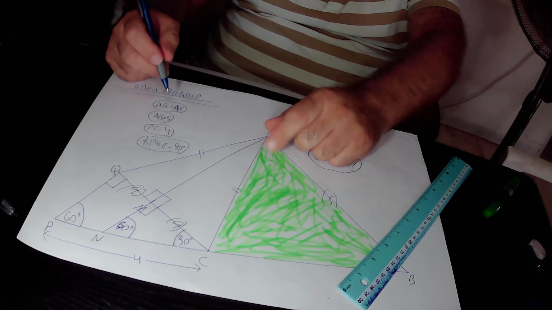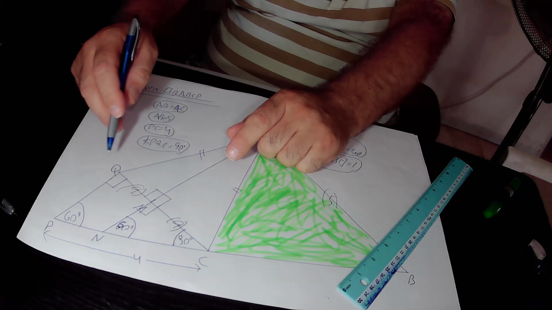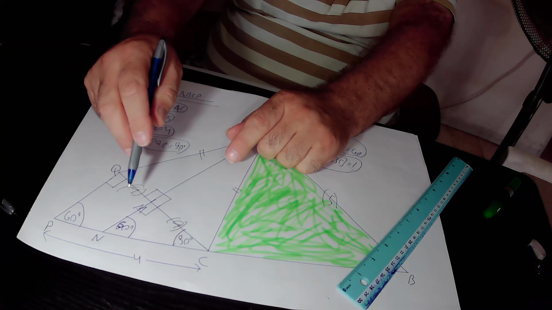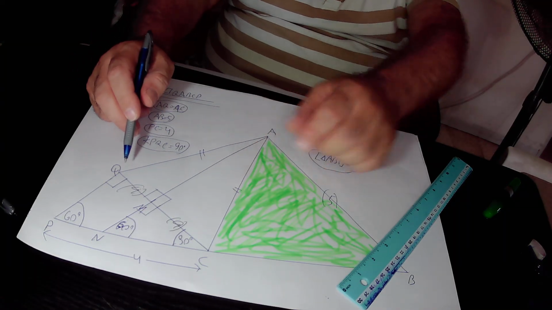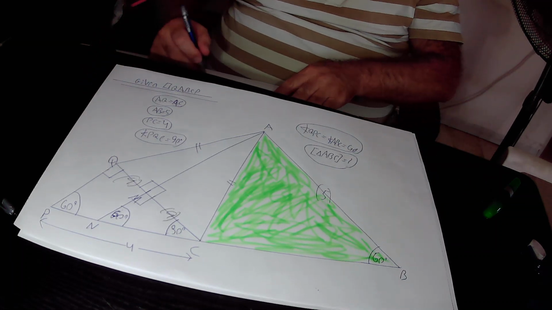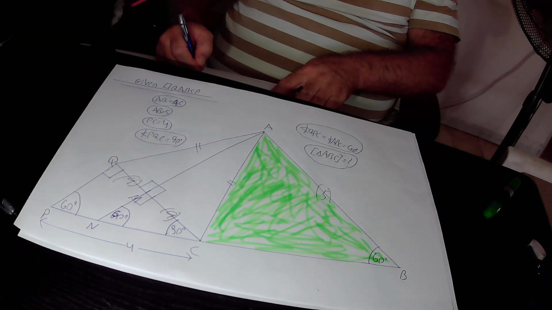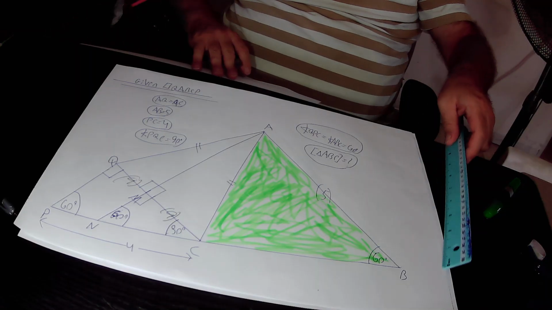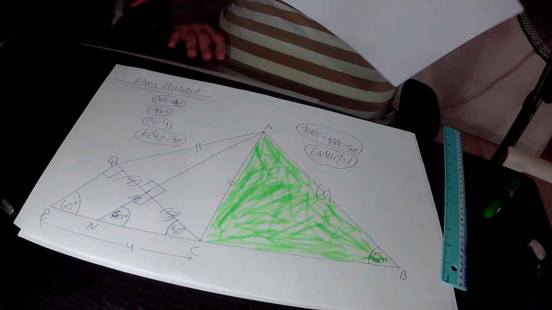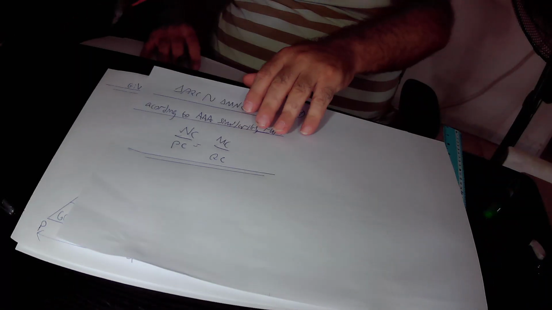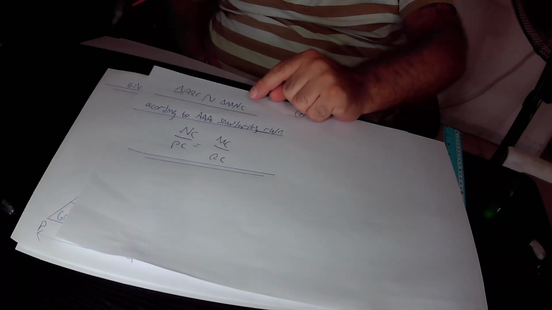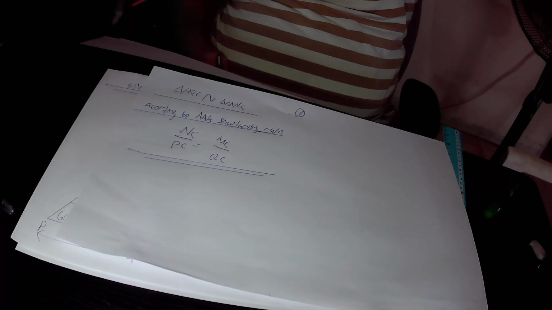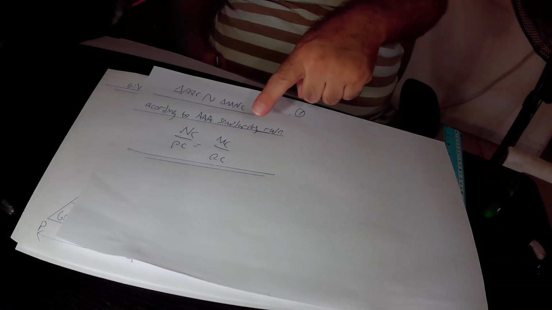Side NC of the small right triangle MNC over side PC of the big right triangle PQC is equal to side MC of the small right triangle MNC over side QC of the big right triangle PQC.